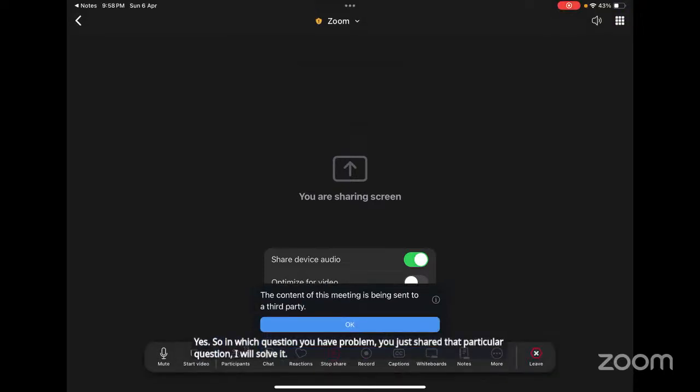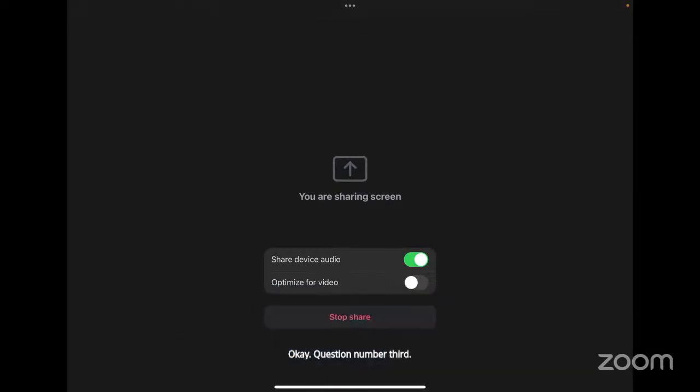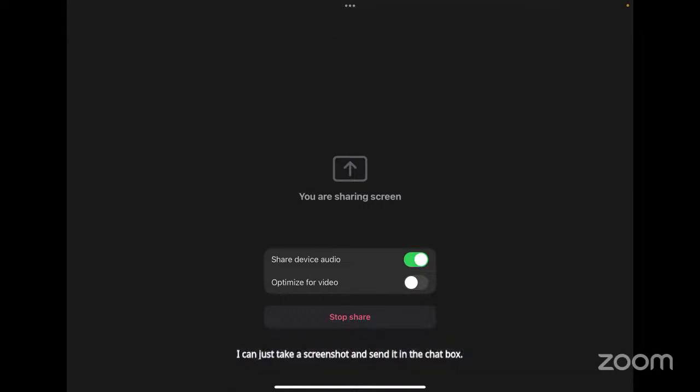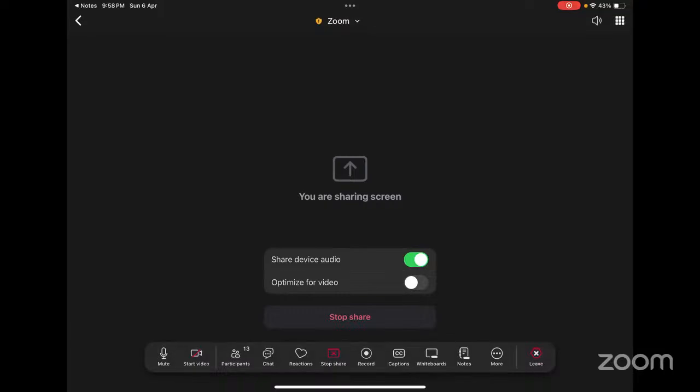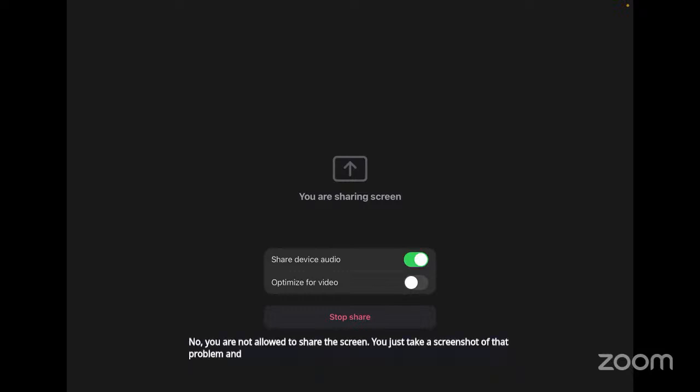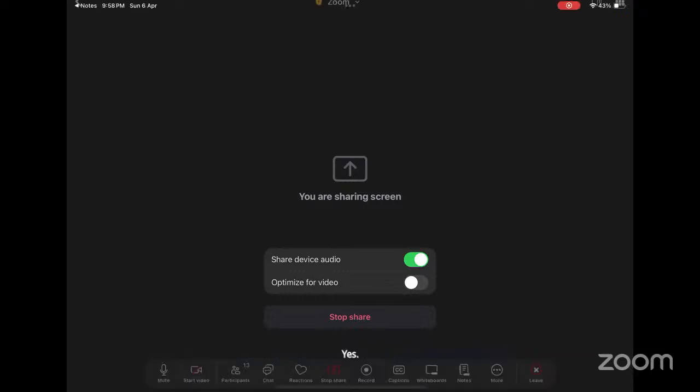Question number 3. I can just take a screenshot and send it in the chat box. Can I share the screen? No, you are not allowed to share the screen. Just take a screenshot of that problem and share it in the chat box.